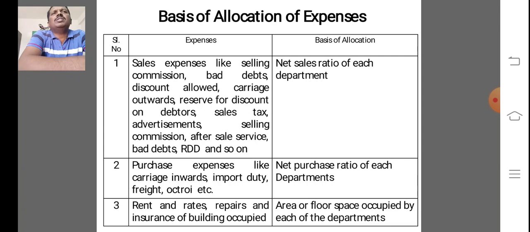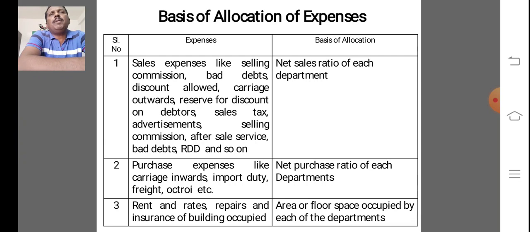And power charges: ratio of meter reading of each department, or ratio of floor space occupied by each department, whichever is practical. Water charges: ratio of meter reading of each department. If the problem specifies any particular basis of apportionment, the same must be adopted and not the basis stated in the table.